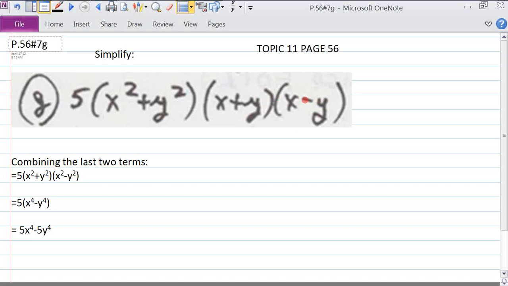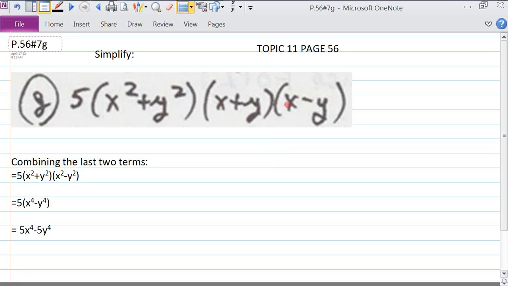So the outer is minus xy, and the inner is plus xy. Now you can say minus yx and plus yx if you want. That's okay as long as you realize the inner and the outer sum to 0.